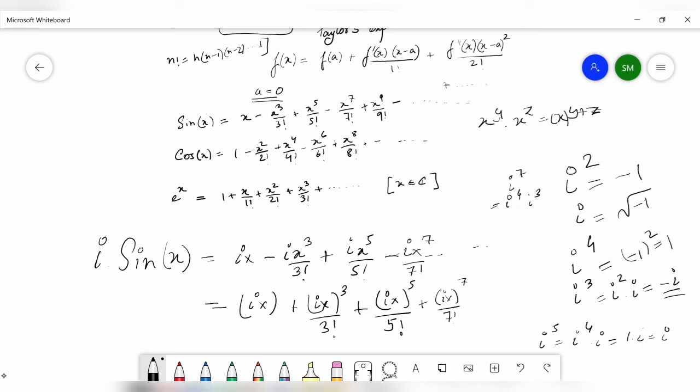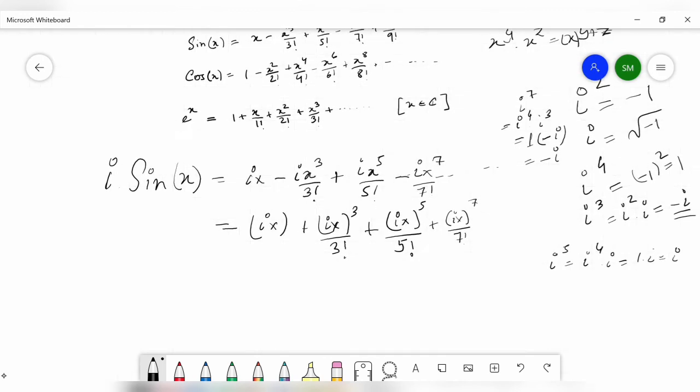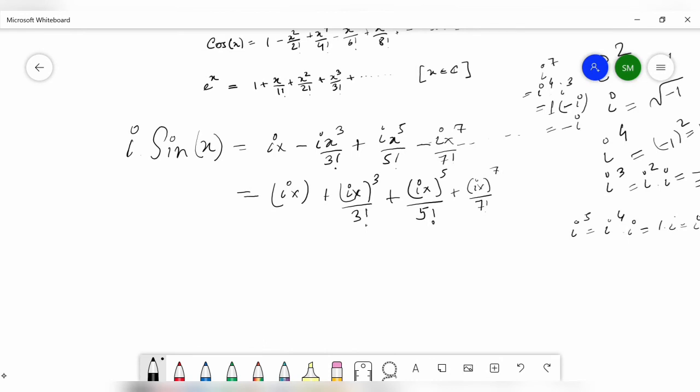So due to this, you can write i to the 7 as i to the 4 into i cube, and this is basically 1 into i cube, basically minus i. So i to the 7 is minus i. So you can write it like this. As you go on, you can see, right? So i sin x can be written something like ix plus ix cube by 3 factorial, x to the 5 by 5 factorial.